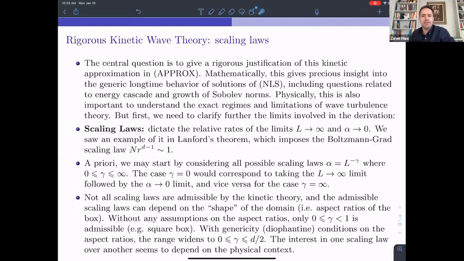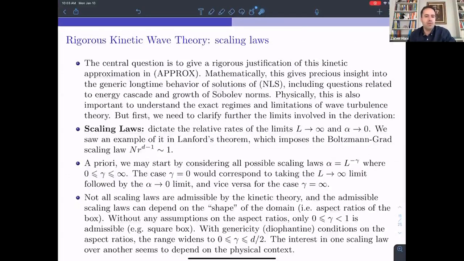Most likely you cannot take them arbitrarily to their limits. There must be a scaling law between the two of them, something like the Boltzmann-Grad scaling law. A priori, you start by considering all the possible scaling laws, and you can write them in the form alpha equals L to the minus gamma, where gamma is between 0 and infinity, including 0 and infinity.